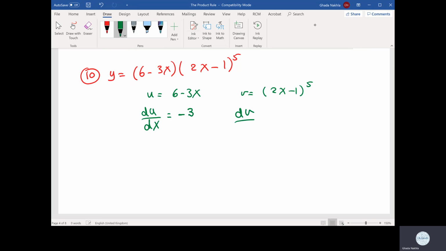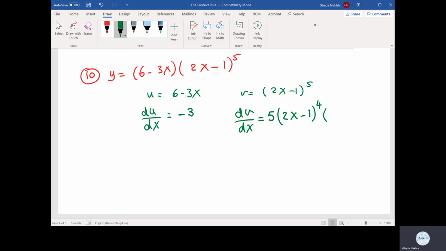Dv by dx, and in this case, you can watch my video on the chain rule. I'm going to use the quick chain rule. Just a recap on what the quick chain rule is. You drop the 5 down here, the bracket to the power 1 less, so 5 minus 1 is 4, and then the derivative of what's inside the bracket.